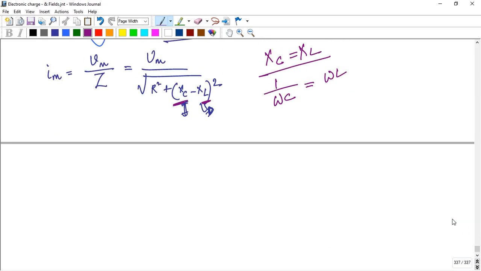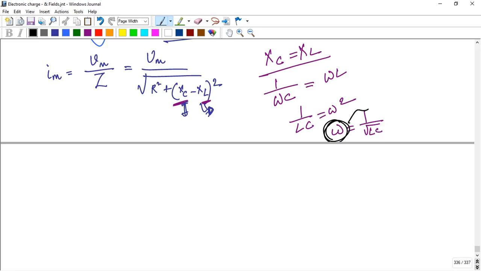So 1 by LC equals omega squared, and finally we get omega equals 1 over root LC. This omega is the frequency, and it is called the resonant frequency.